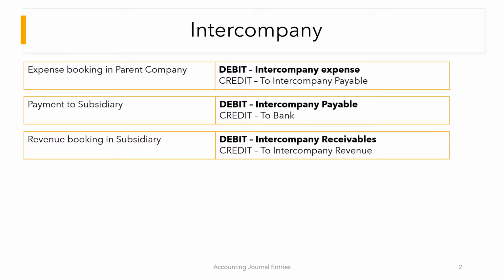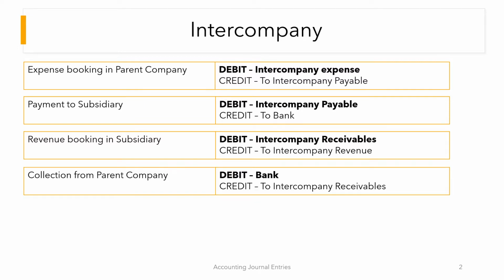Now, if you look at the subsidiary books, revenue booking in subsidiary company: debit intercompany receivables and credit intercompany revenue. And collection from parent company in subsidiary books: debit bank and credit intercompany receivables.